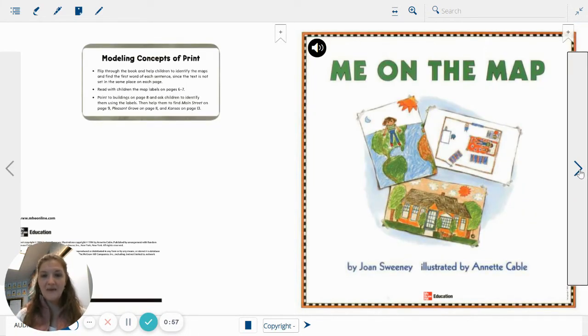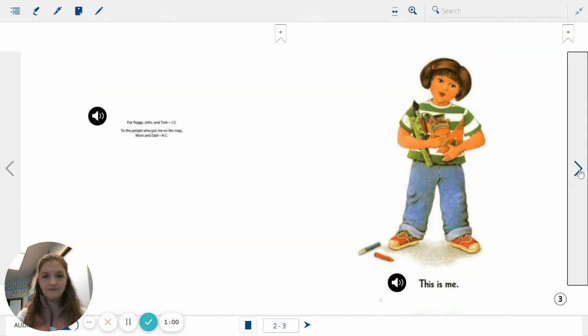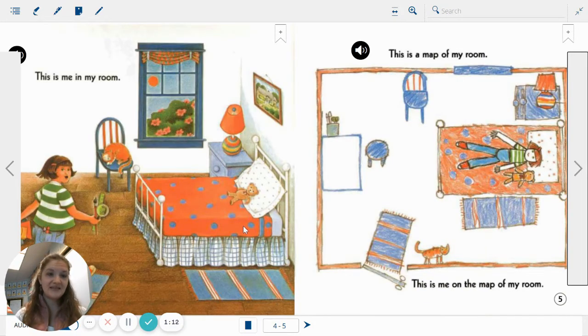Me on the Map. This is me. What is she holding? It looks like she has some different equipment, doesn't she? This is me in my room. This is a map of my room.